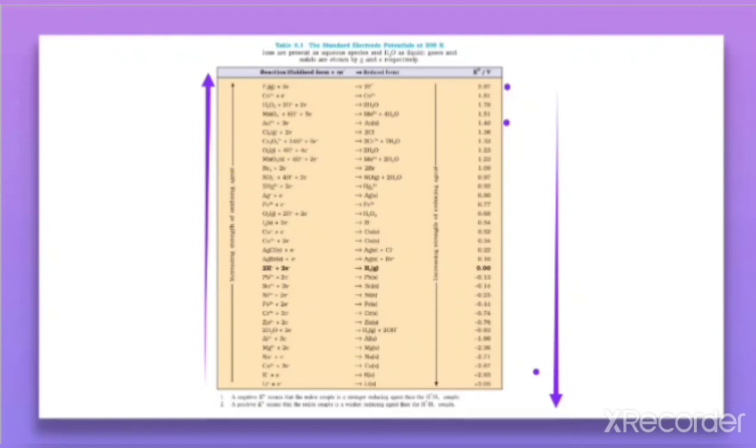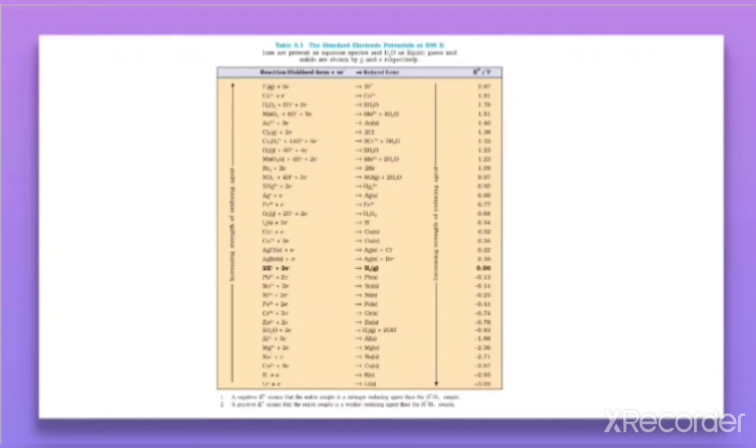So this table helps to identify which element will displace which element. As we have learnt, in a displacement reaction the more reactive element displaces the less reactive element. We can very easily explain that through this chart, that is, which metal can displace which metal in a salt solution.